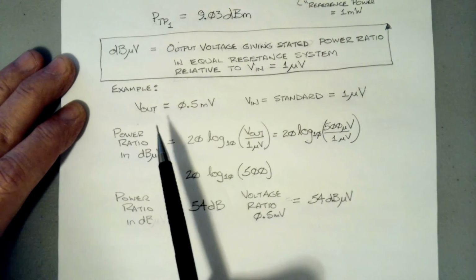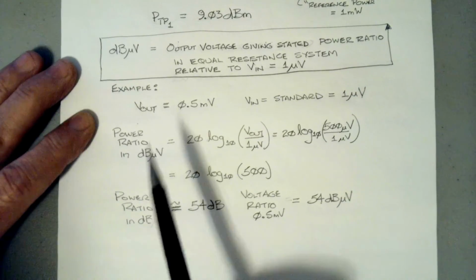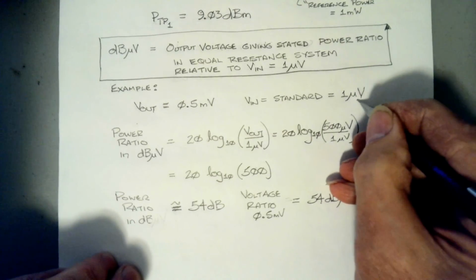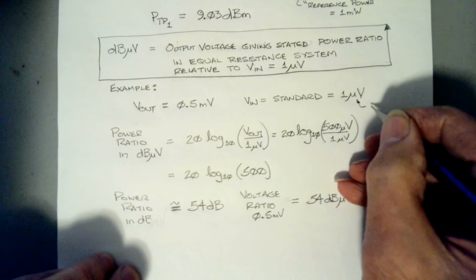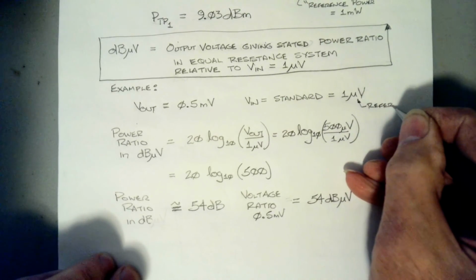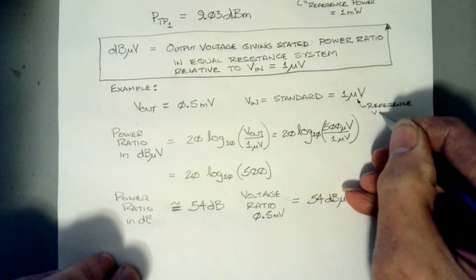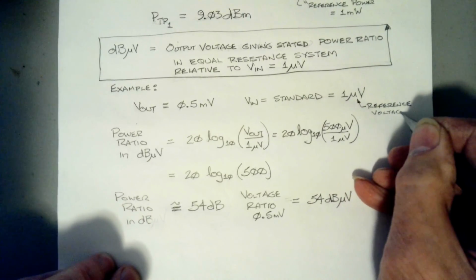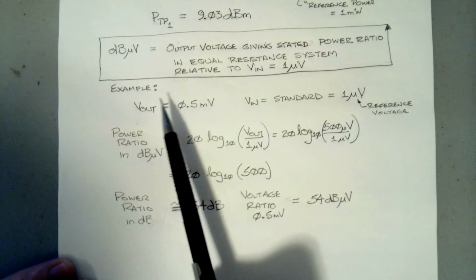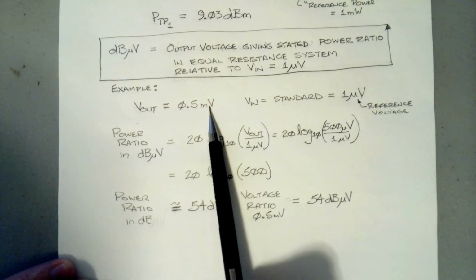So in an equal resistance system, we're really saying that 1 microvolt is our standard or reference voltage. So this is a reference voltage, and it's assumed to be in a resistance that's equal to whatever we're using. Let's say the voltage out of our system is 0.5 millivolts.